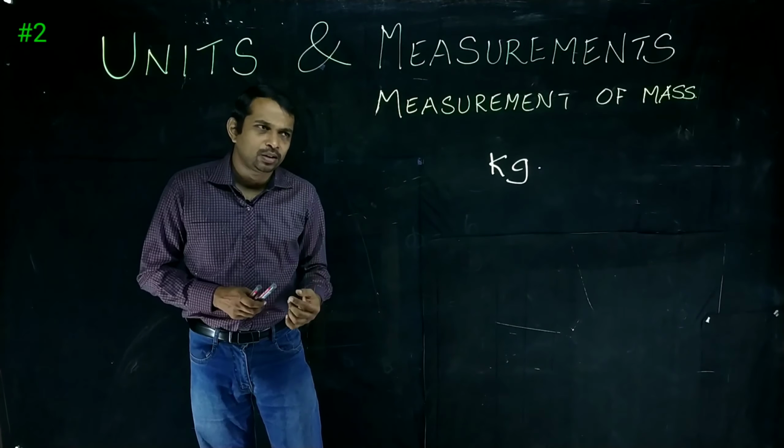Here, let's do an interesting experiment. You have two ordinary clocks which we use in our living room, bedroom, kitchen, etc. Clock A and clock B. You have set the time of both to exactly 12 o'clock, and you started operating them.